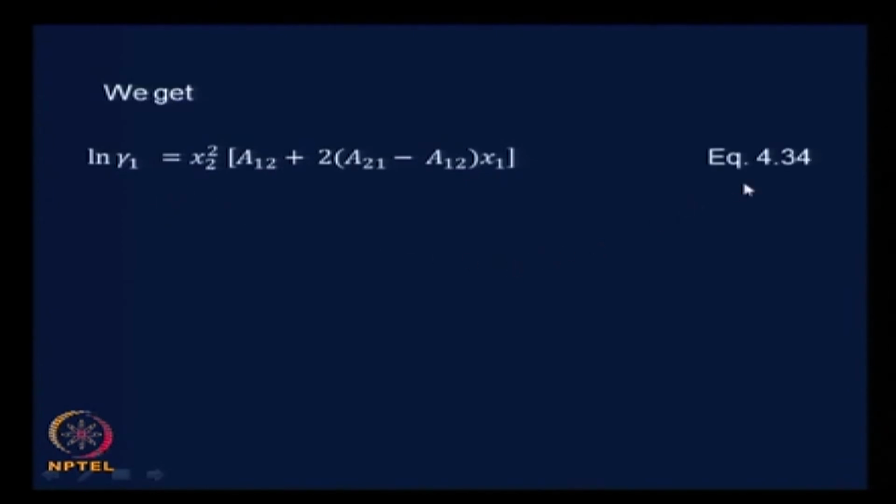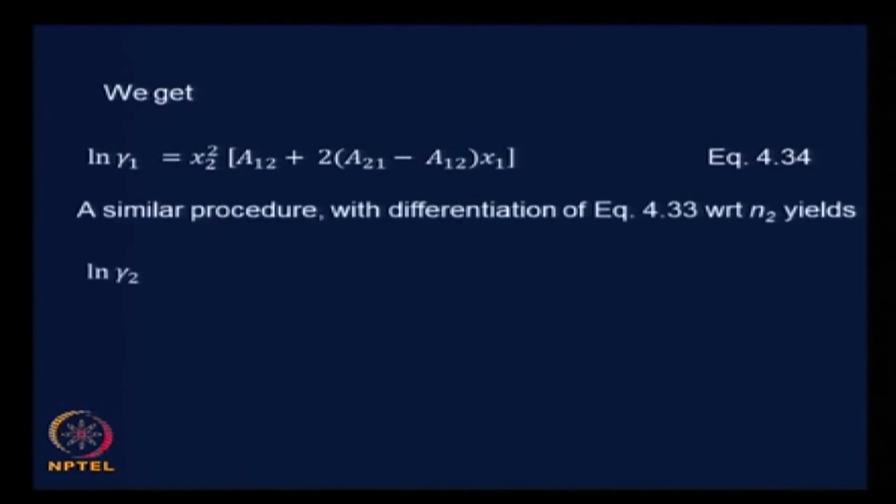Let us call this equation 434, and you would have, by following a similar procedure, but differentiation with respect to n2 and similar recombinations, you would get ln gamma 2 equals x1 squared times a21 plus 2 times a12 minus a21 times x2, and let us call this equation 435.